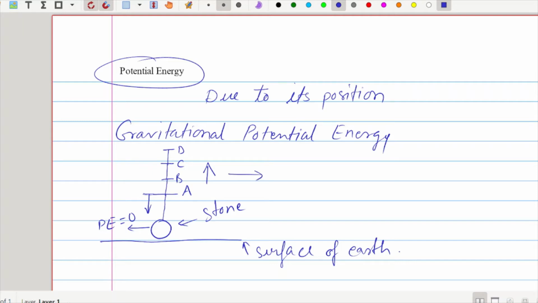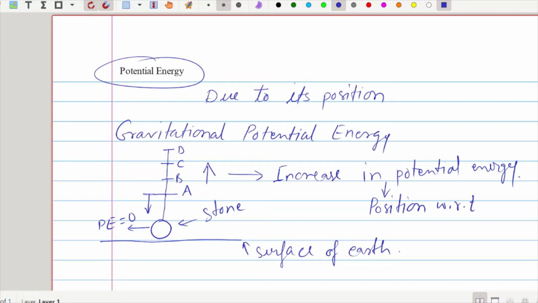As height is increasing, there is increase in potential energy, and this energy is due to the position with respect to earth, right? Here WRT means with respect to earth.